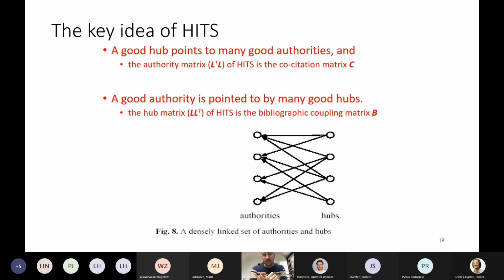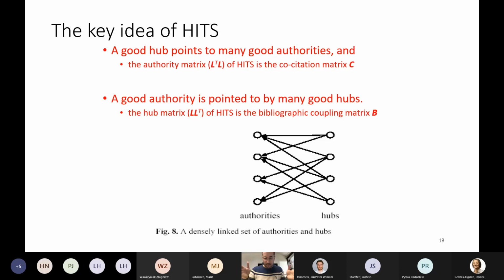The other is whether the paper is an authority, and a paper can be an authority if it is pointed to by many good hubs. This is based on the coupling matrix. I found it so intriguing and interesting, even though this is still background, that people have already defined importance and ranking measures based on these co-citation and coupling matrices.